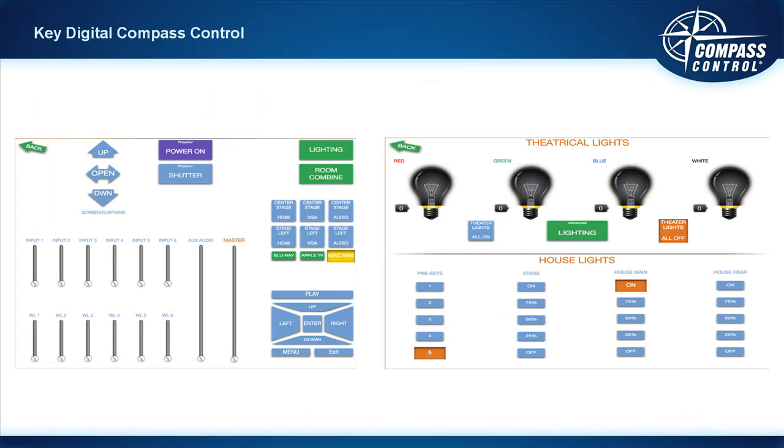Here's a cool system because, again, another early adopter of Compass Control, and they did two things here that I want to tell you about. Number one, you see it on the right. This was an integrator who integrated theatrical lighting, LED lighting, via the Compass Control system. DMX control through a third-party interface adapter. DMX systems are controllable through Compass Control with currently up to 4 parameters, so the red, green, blue, and white levels.